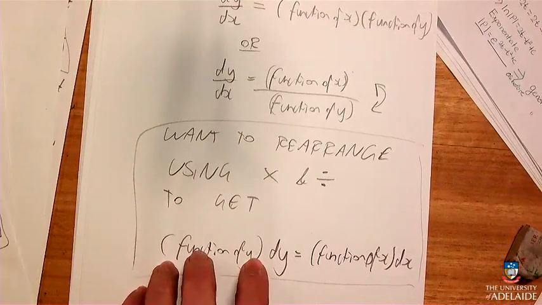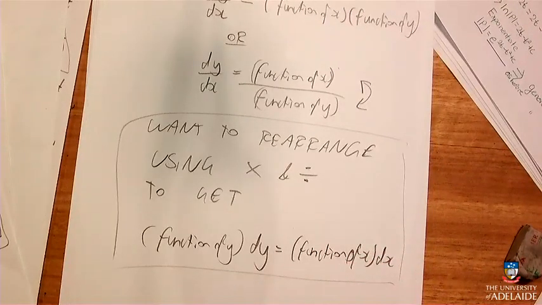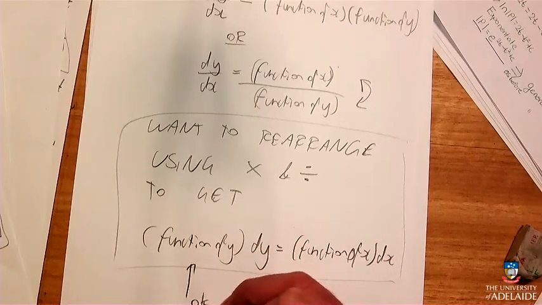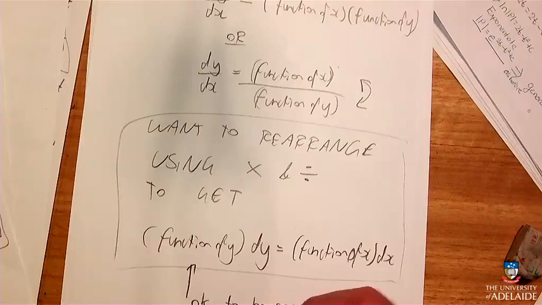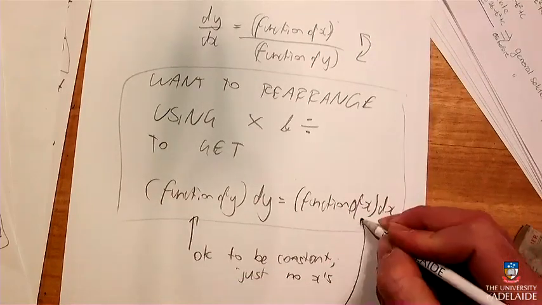Something involving y's, dy, something involving x's, dx. Except I just want to say to you, it doesn't matter if this is just a constant or if this is just a constant. That's okay. It's just not allowed to involve x. And it's okay if this is a constant.